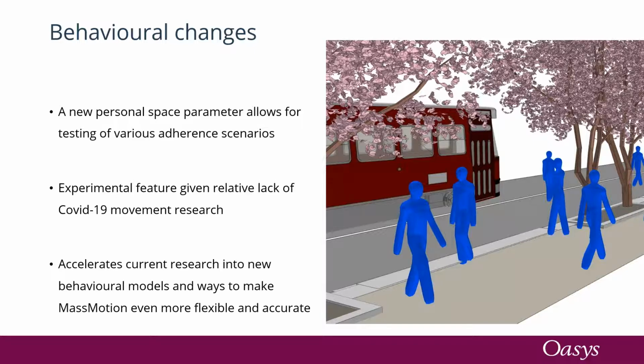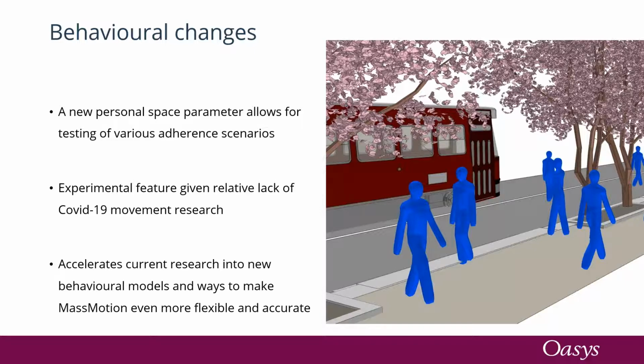What we have enabled is a personal space parameter to say, all things considered, if I have the space, here's how far I would like to spend away from other people. And so we will find these agents slowing down, veering out of the way in a slightly more directed way than regular movement in order to maintain that distance.